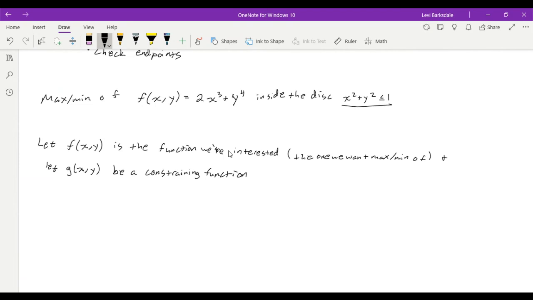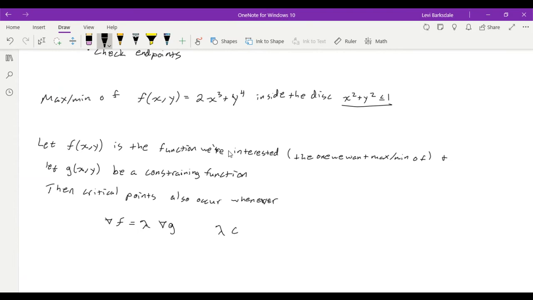Then we can say that critical points also occur whenever the gradient of f is equal to some constant lambda times the gradient of g.